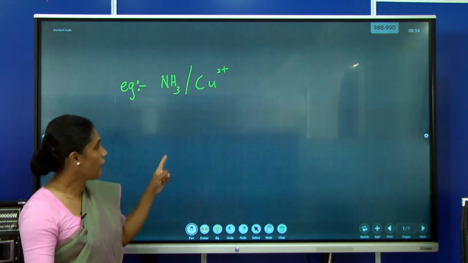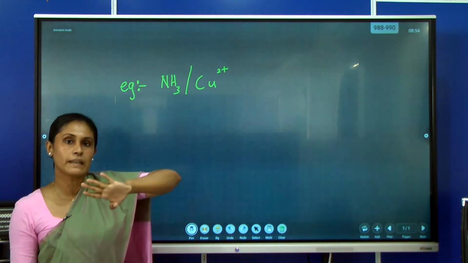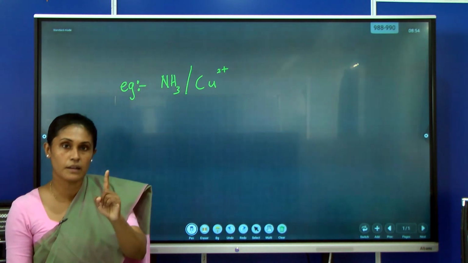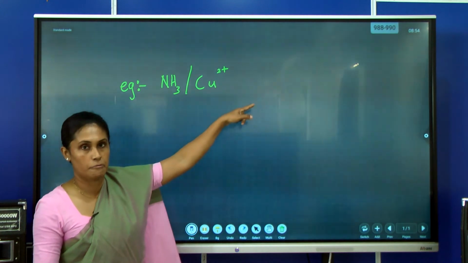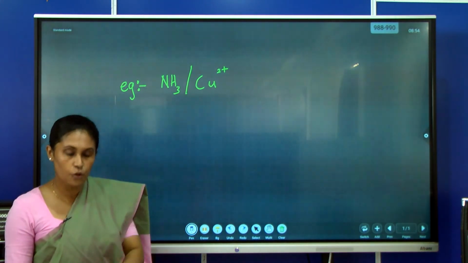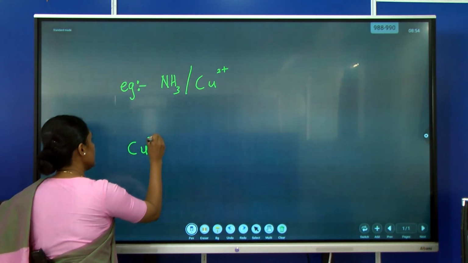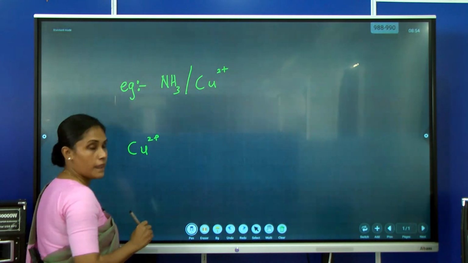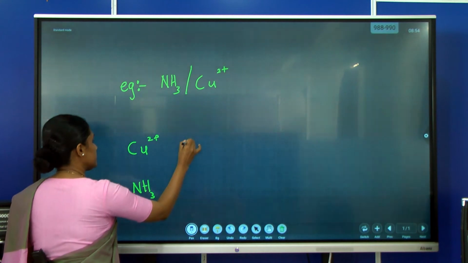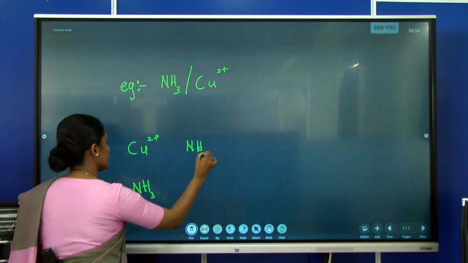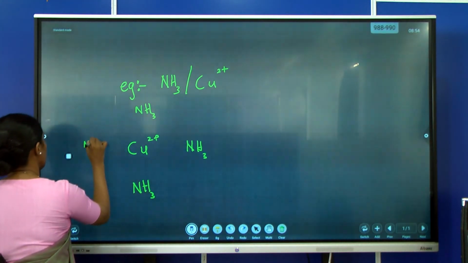So now let's see. Now we have ammonia and copper. We need 4 molecules of ammonia for one copper 2+ ion. See your note, the way I have presented it, I have kept the copper 2+ ion in the middle and I need 4 molecules of ammonia. This is the presentation.